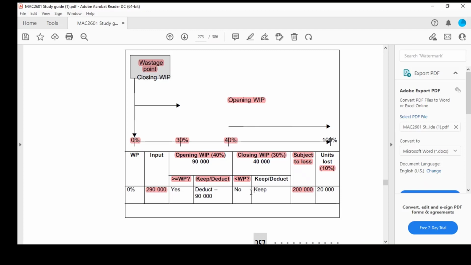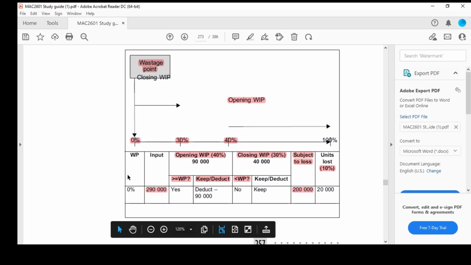So if my opening WIP is X amount, it's past that stage because it happened at the beginning of the process. So it will be exempt from wastage because it already happened in the prior period, right? It's already far into the process, so it won't be part of the spillage. Exactly. It's already past it.